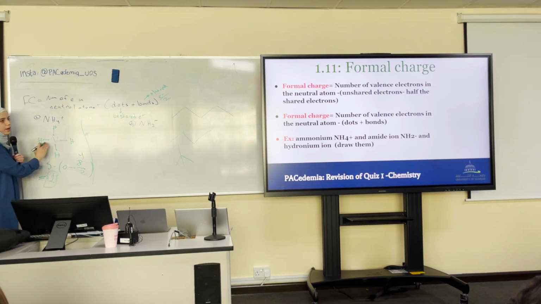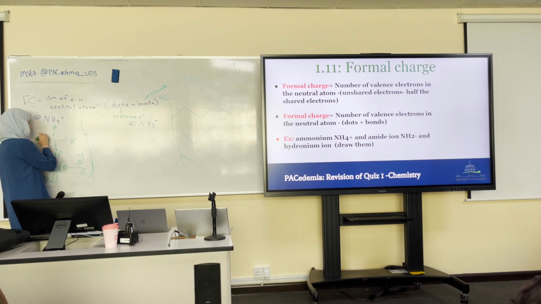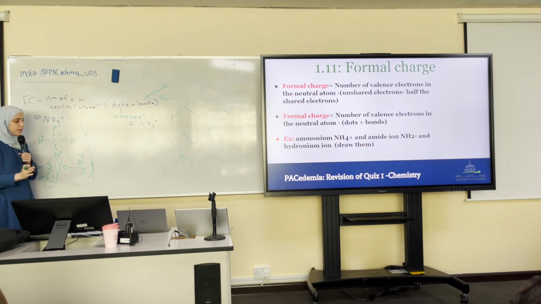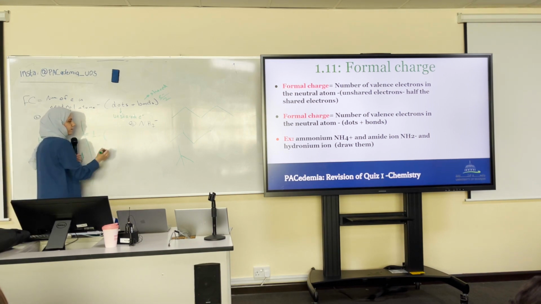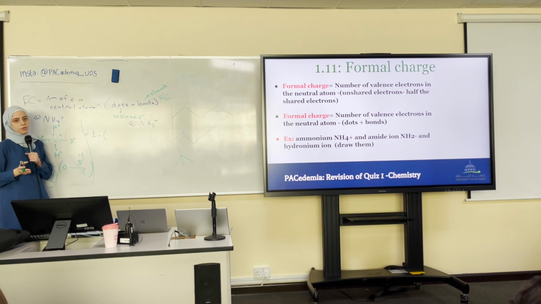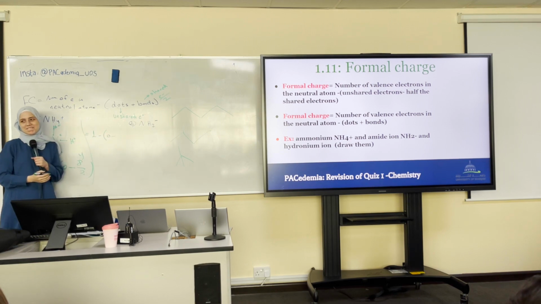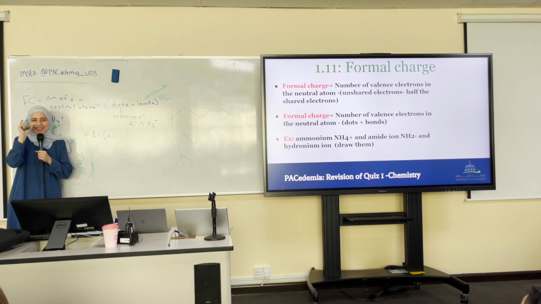Now let's do the hydrogen. The hydrogens have 0 charge. Let's see how. What is the valence electrons? 1 minus the unshared electrons, 0, minus the shared electrons, 2 divided by 2.